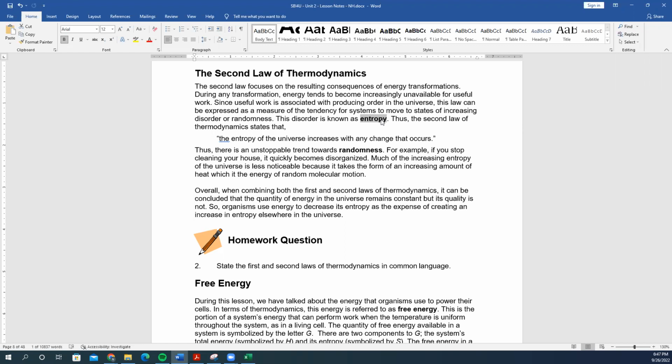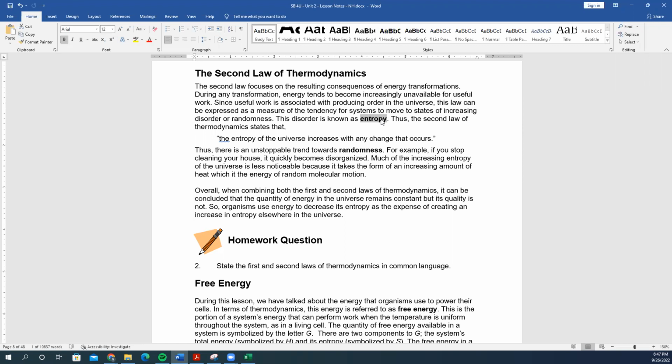So much of that increasing entropy in the universe is not as noticeable because it takes the form of an increasing amount of heat, which is in the form of increasing random molecular motion. So for us, it's not necessarily so observable in that sense, but we can certainly relate to how every transformation and every transfer of energy increases the randomness overall in the universe.